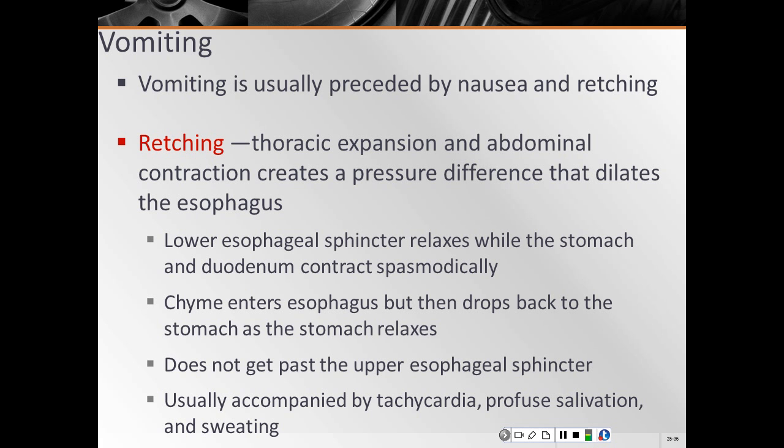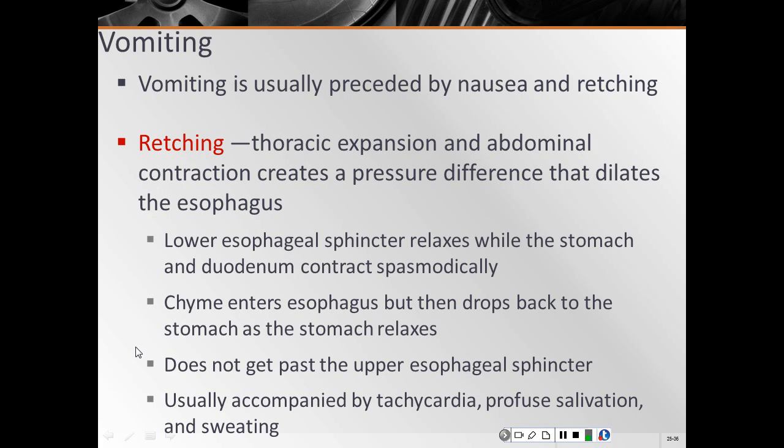Now when we look at retching here, we're dealing with thoracic extension and abdominal contraction, which creates a pressure difference that dilates the esophagus. Now the lower sphincter is going to relax when the stomach and the duodenum contract spasmodically.